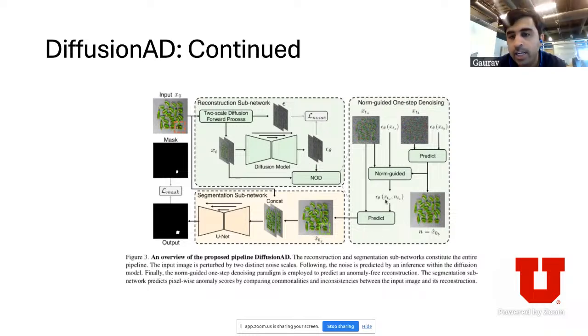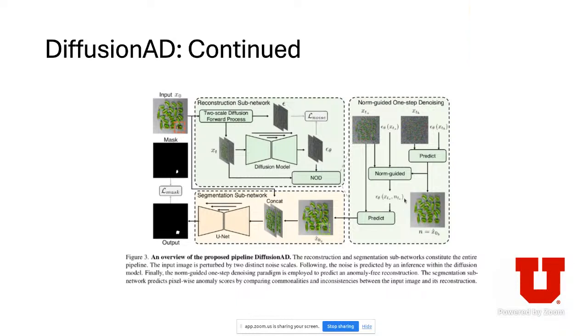In this case, they would condition it on NTS to ensure that there is not that much difference between the two images, so that's the motivation. But at the same time, XTS also has to not have the anomalous areas in it. It also needs to have the normal areas predicted well.